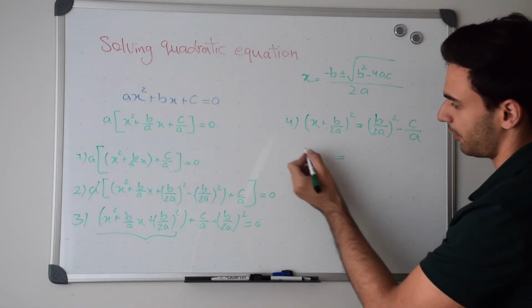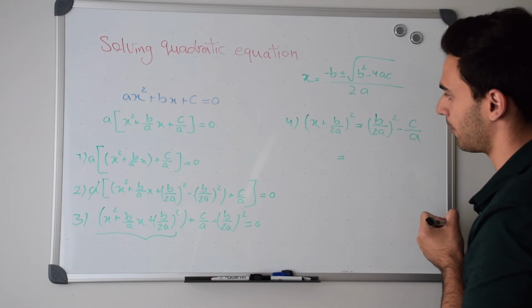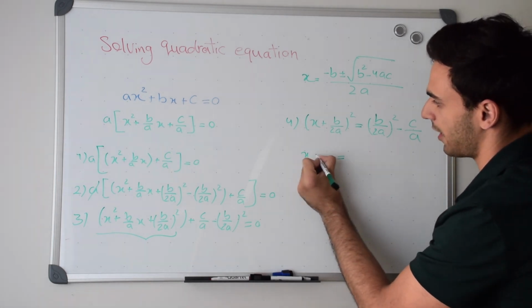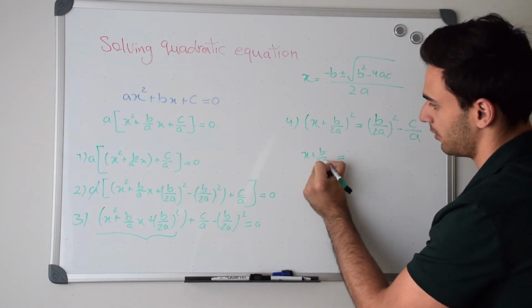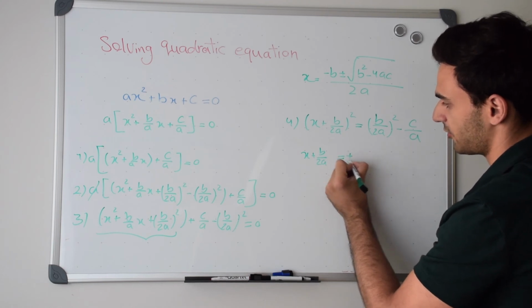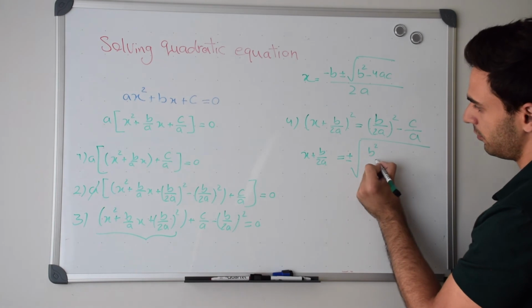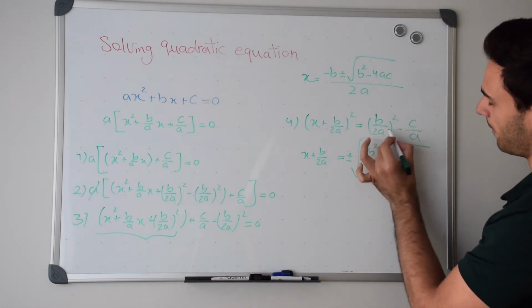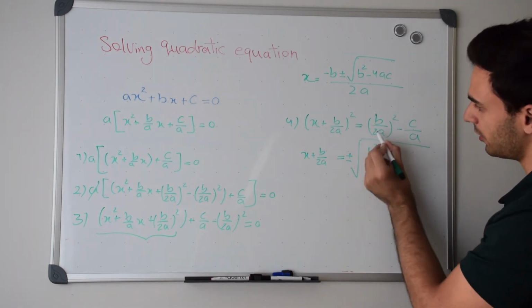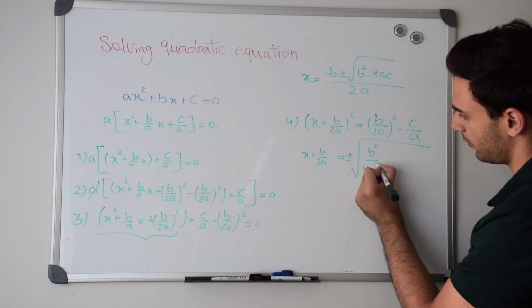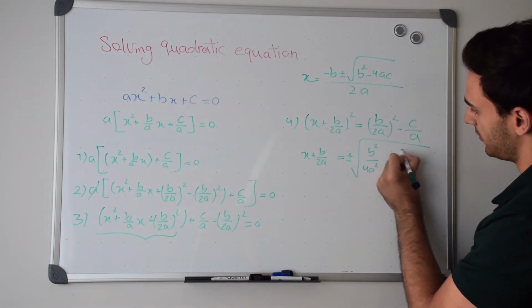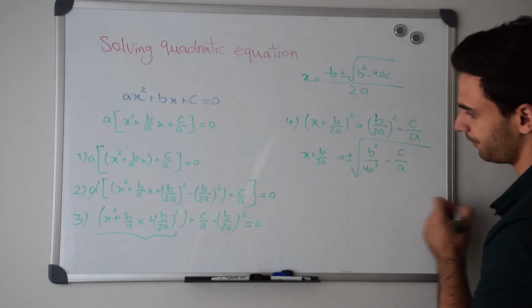Now I'm going to take the square root of both sides of the equation. So I'll have x plus b over 2a equals plus or minus the square root of b squared over 4a squared minus c over a.